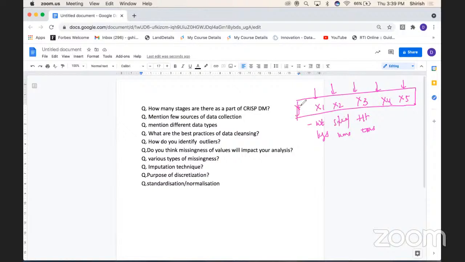And how they are impacting the output might be different. So we want to check whether the impact of all these variables on the target variable is the same or not. Just because of units, you can't take a call and say that weight is influencing more.